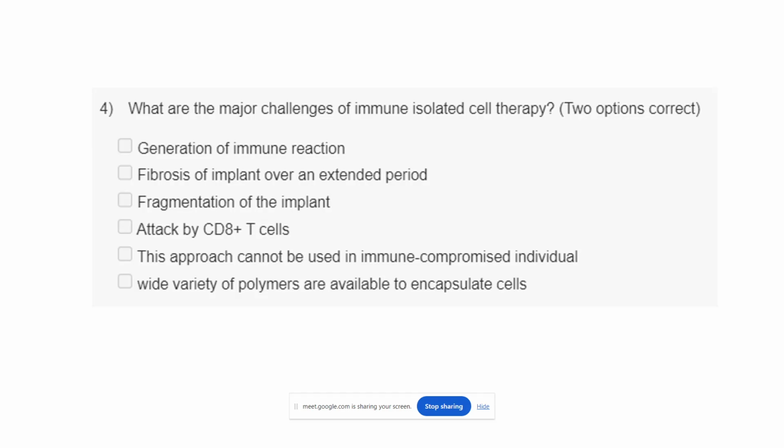And fibrosis of the implant is basically when your implant gets covered with immune cells as well as their secretions, and it covers the entire implant. So if it covers it, the released products from the cells will not be able to diffuse out. So that poses another challenge in immune isolated cell therapy. So both option 1 and 2 would be correct.